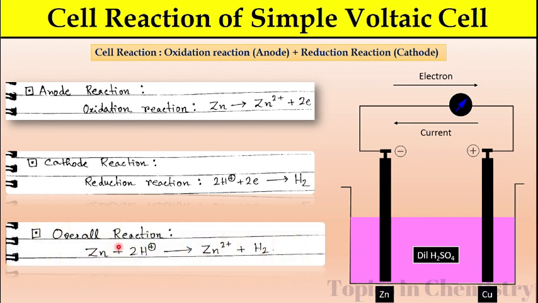Now you have to write the overall reaction: Zn plus 2H+ converts to Zn2+ plus H2. In the last lecture, I told you that for a cell reaction you have to write the anode reaction, the cathode reaction, and the overall reaction. Always show these reactions, and mention the electrolytes and electrodes present in the cell.